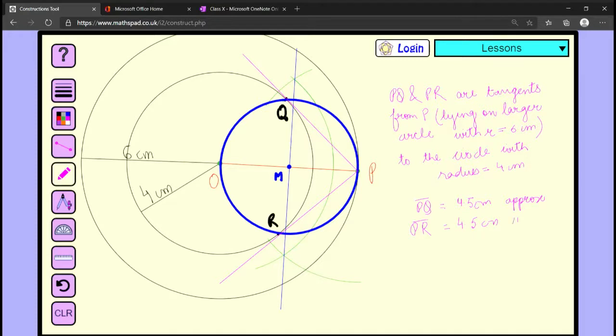And now we want to check by actual calculation whether the length should be 4.5 or not. For that, we are going to draw the line segment OQ.